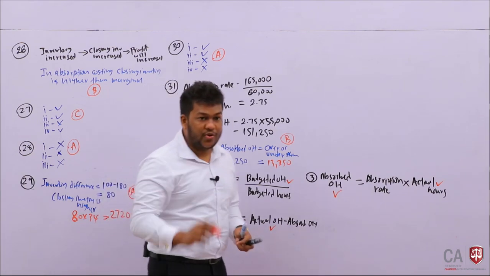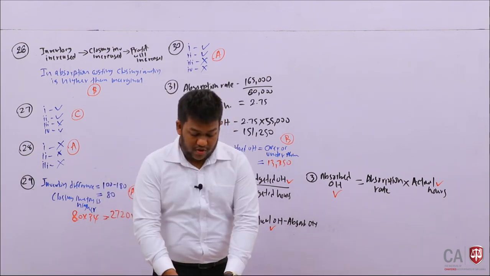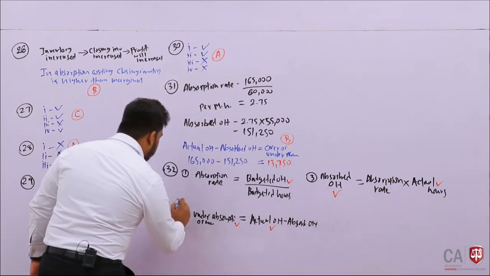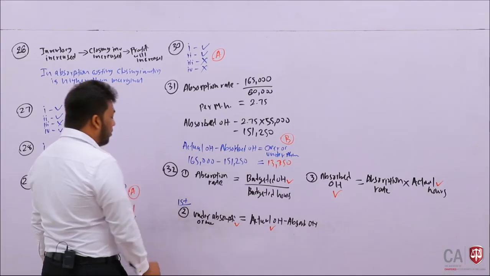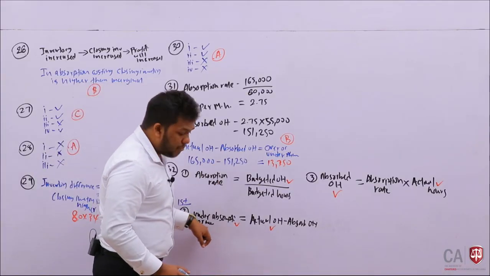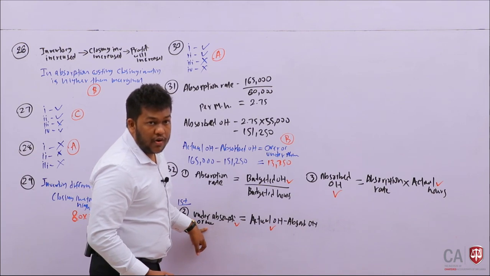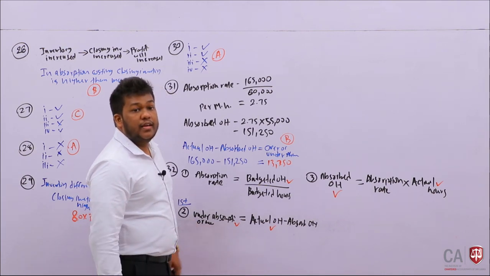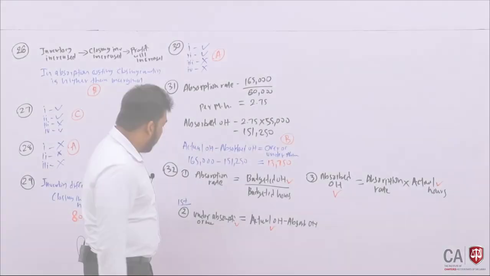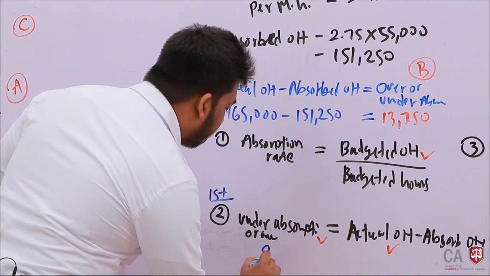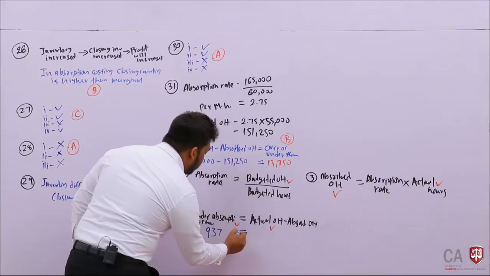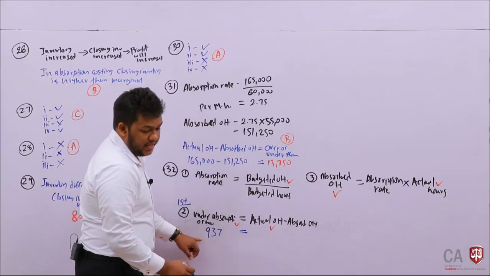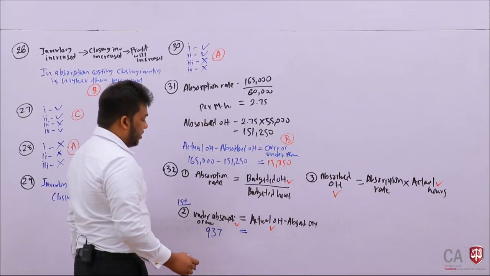So first of all, you have to start with this. See, under absorption, how much? That is 937. This is under absorption.